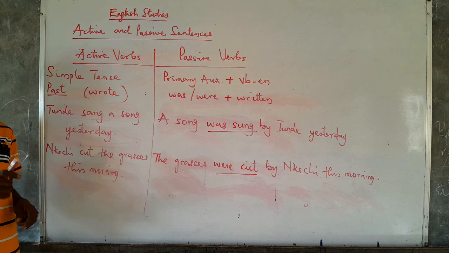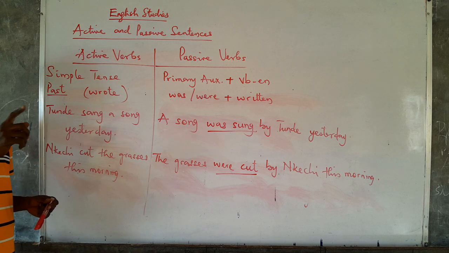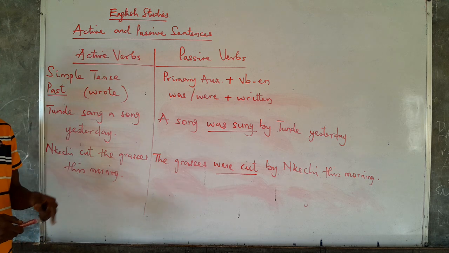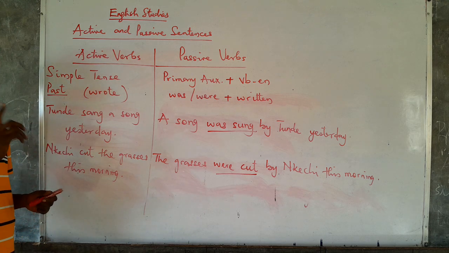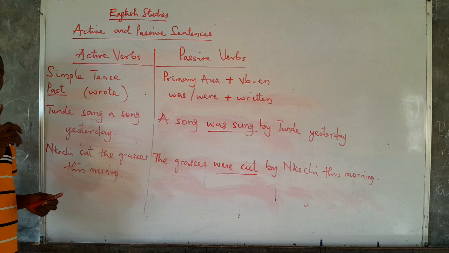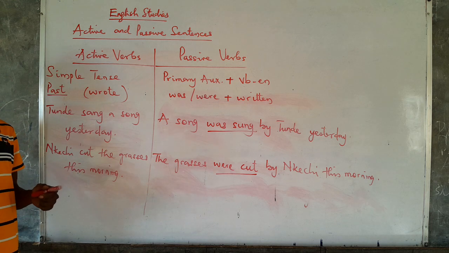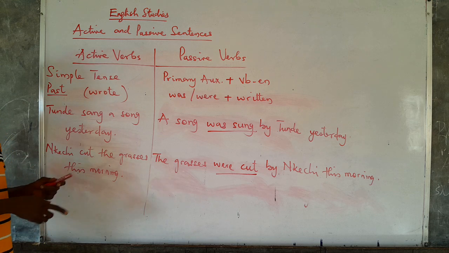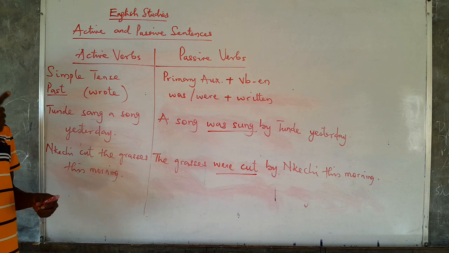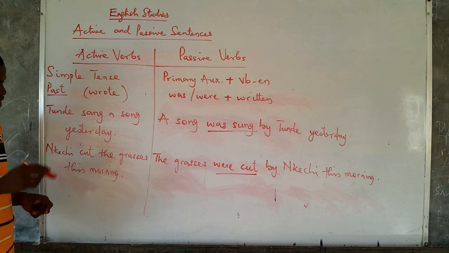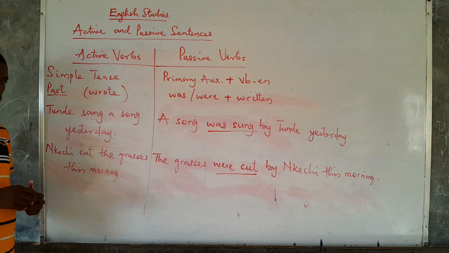Once you consider the tense, you now know what to do to the verb. If the tense is simple, the format that we use to convert it is different from the format we use to convert continuous. And at the same time is different from that of perfect. Likewise, different from that of future. Let's consider another example. This one could be tricky.